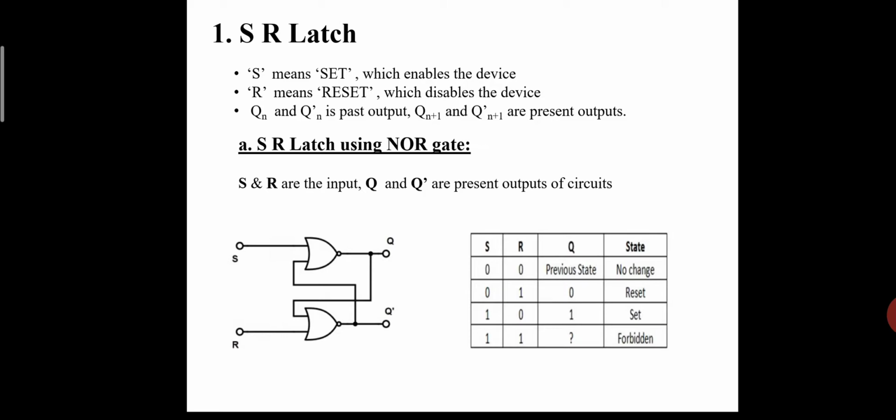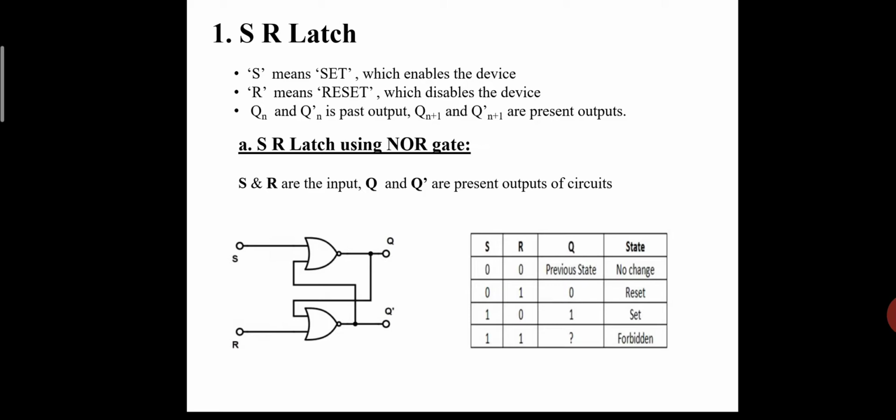S and R are the two inputs. Here is a combination circuit of two NOR gates, where the output of each NOR gate is fed as an input to the other NOR gate. It's just like a chain.